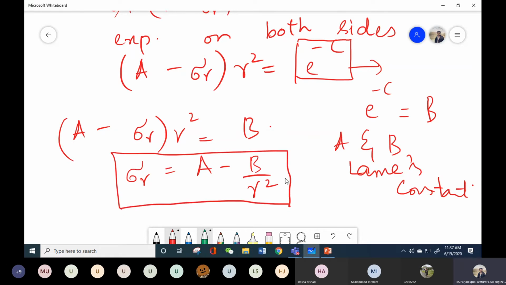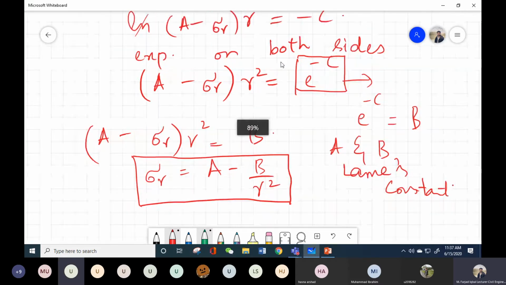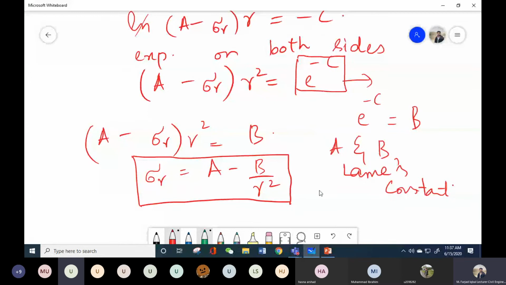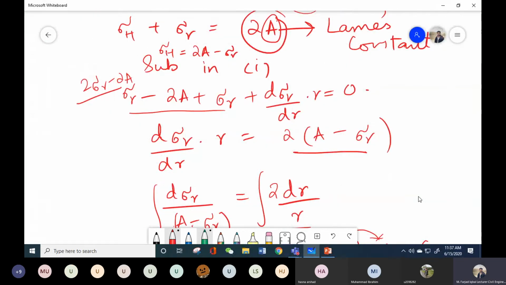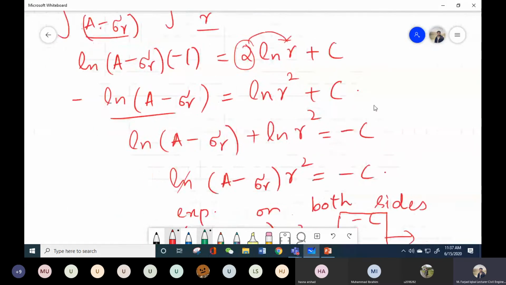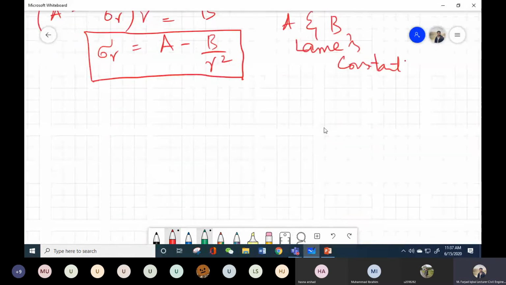And if I substitute this equation back into the equation number 2 that we have over here, this is the equation 2. So if I substitute the value of sigma r into this equation, I will also get hoop stress for this cylinder.